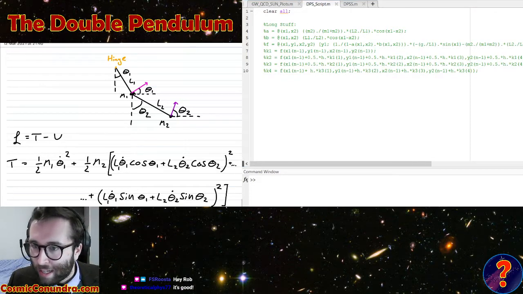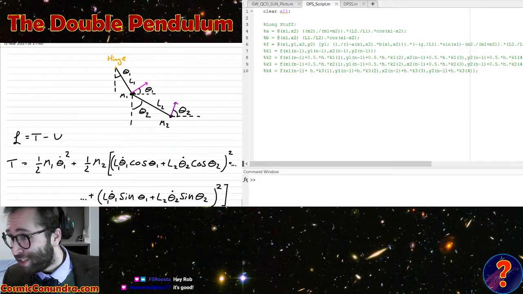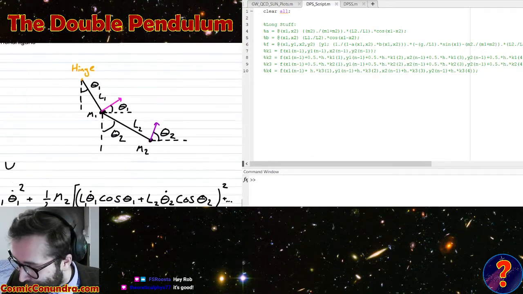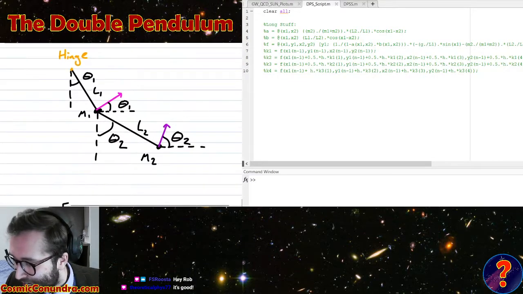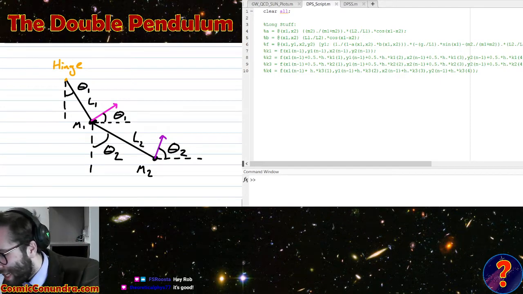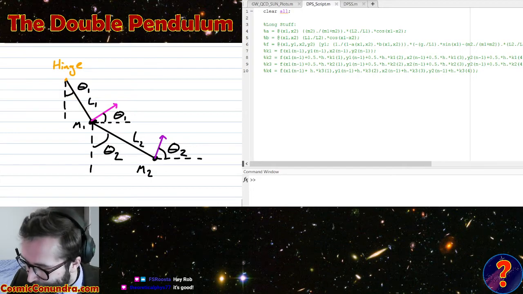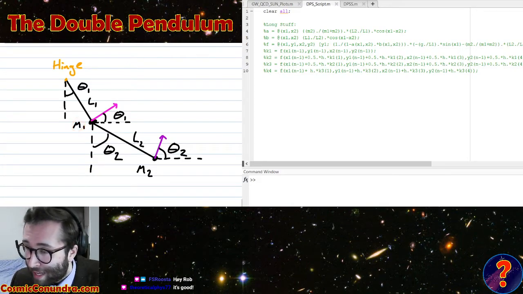So let's talk a little bit about what a double pendulum actually is. You can see the idea zoomed in here, and the name is fairly explanatory too. We take one pendulum, which in this case is on a fixed hinge, and it has got a little bob tied onto it, which I've called mass m1.